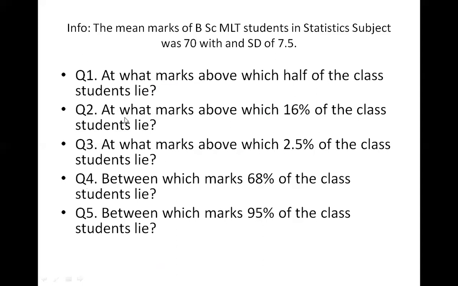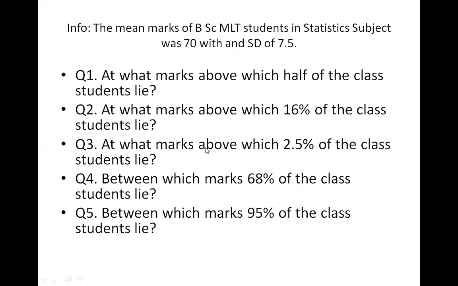Second question is, at what marks above which 16% of the class students lie? It is clear. 32, half of 32 is 16. So you can get the answer as one standard deviation away from the mean.